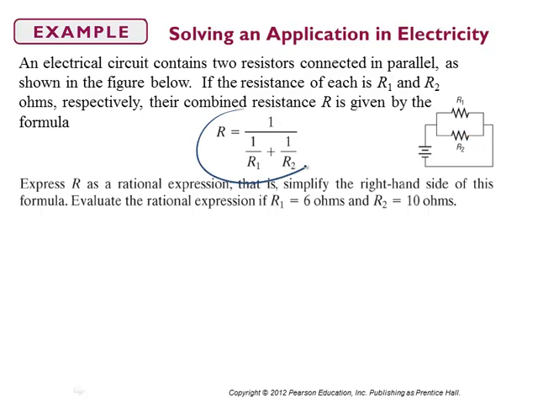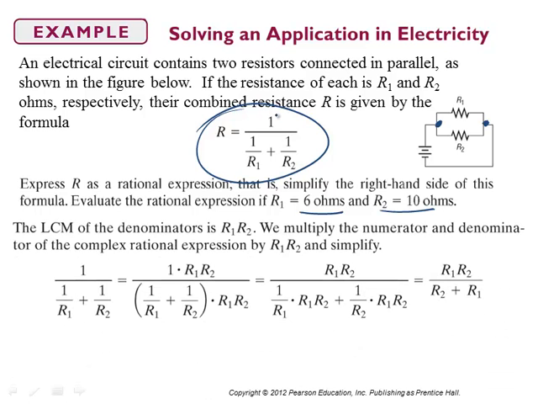Now, this expression right here is what calculates the combined resistance. So if you were to stick multimeter leads here and here, then what would be the overall resistance as measured by your ohm meter? In particular, suppose that we know that one resistor is 6 ohms and the other resistor is 10 ohms. What is the combined resistance?